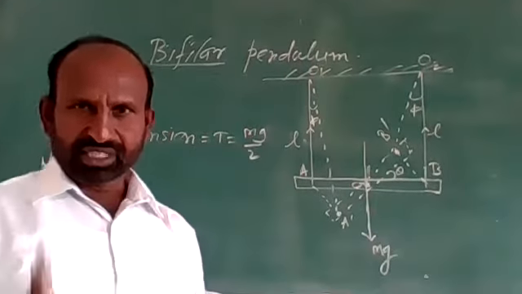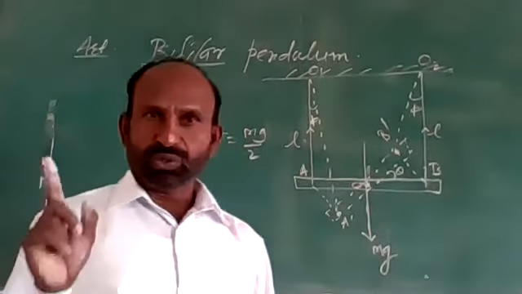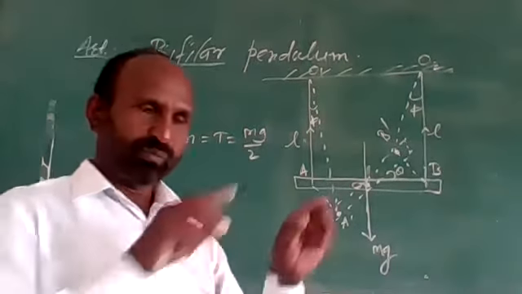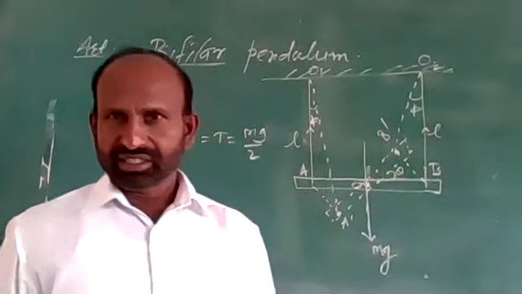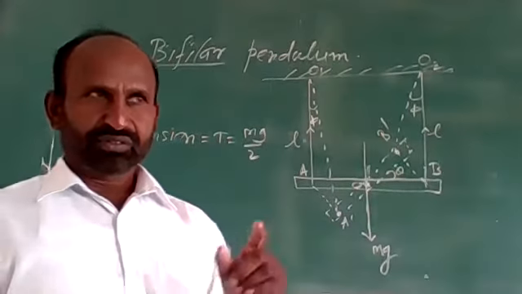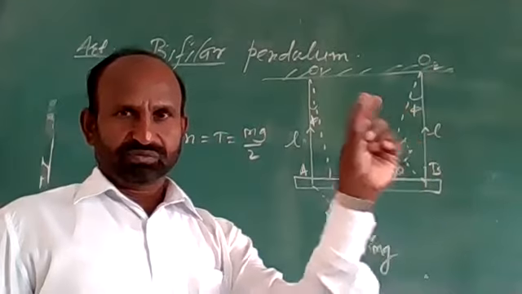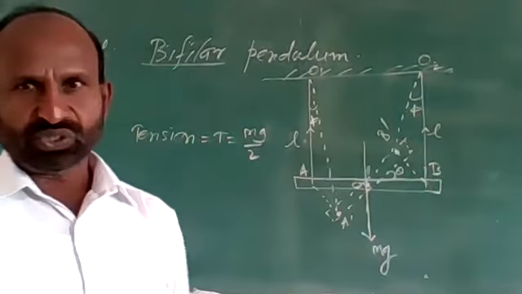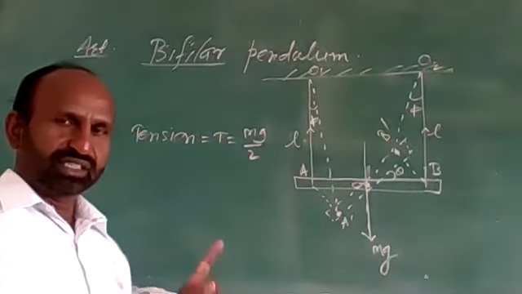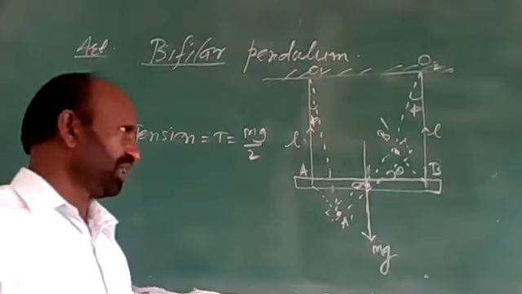Means the thread has two jobs: one is to balance the bar, and second is to keep it in the displaced position.